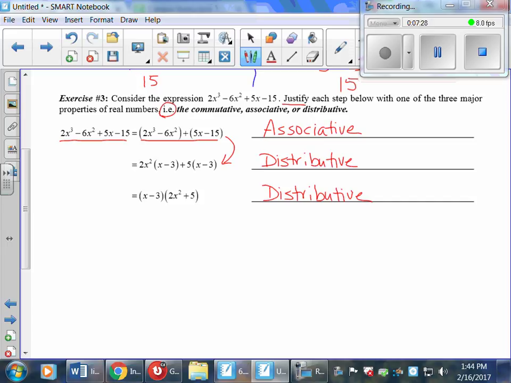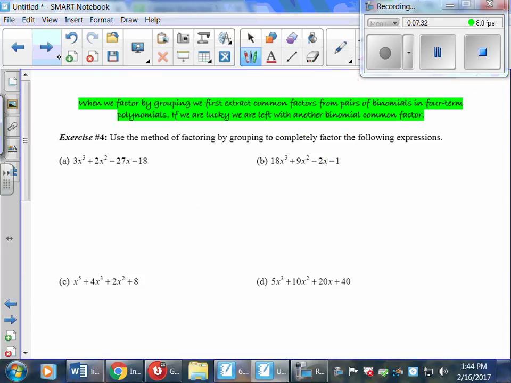All right, so exercise 4 talks about, let's see what it says in the green here. We will factor by grouping. We will first extract common factors from pairs of binomials in 4-term polynomials. If we are lucky, we are left with another binomial common factor.